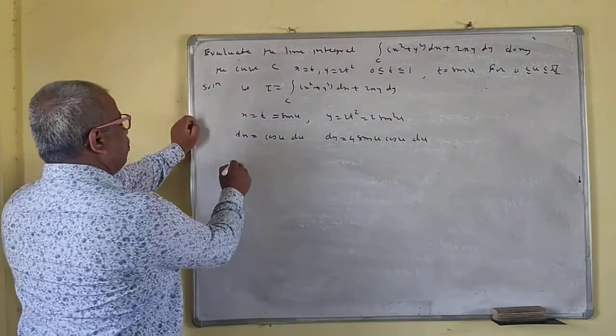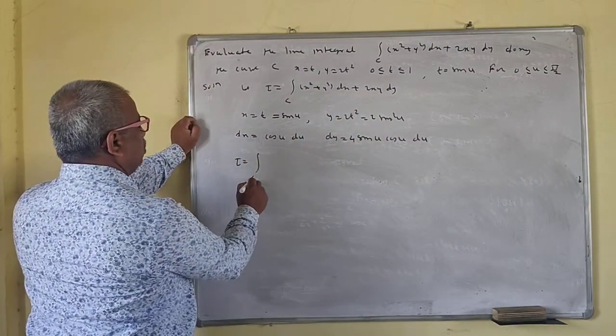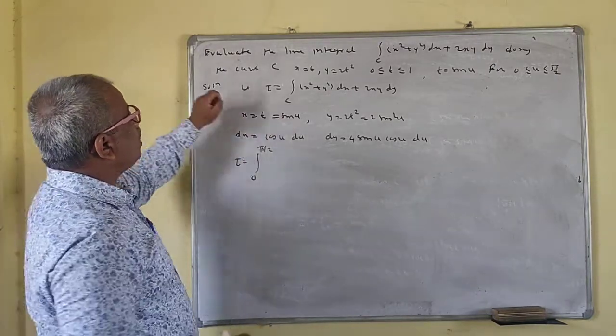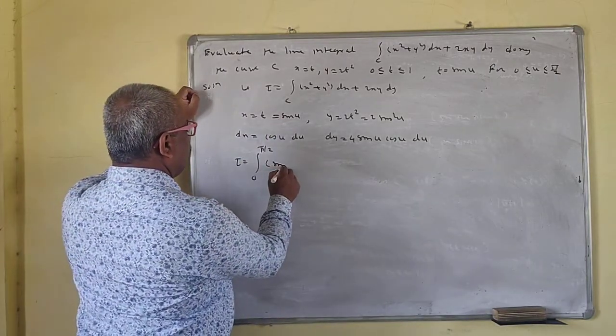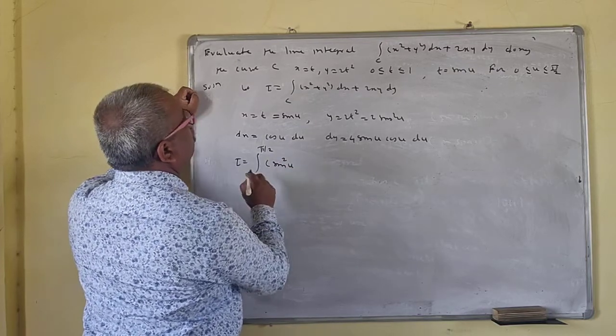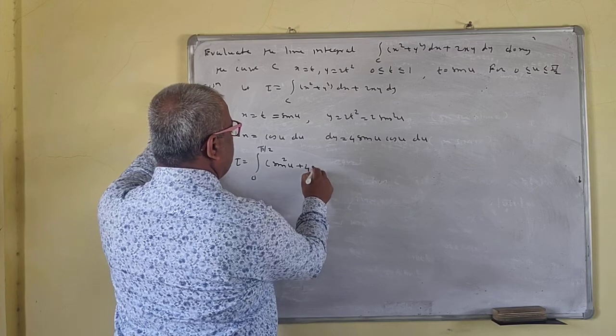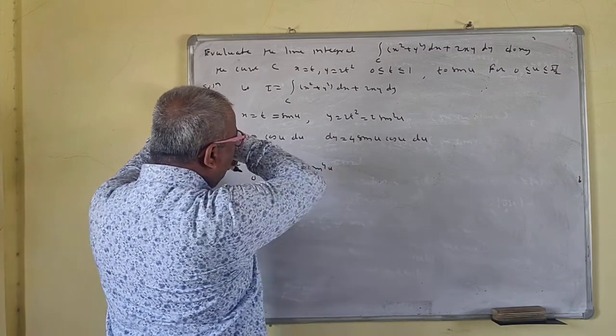Okay, so therefore I is equal to the integration from 0 to pi by 2. You have to put x is equal to sin u. So this is sin square u, plus y square means 4 sin raised to 4 u.